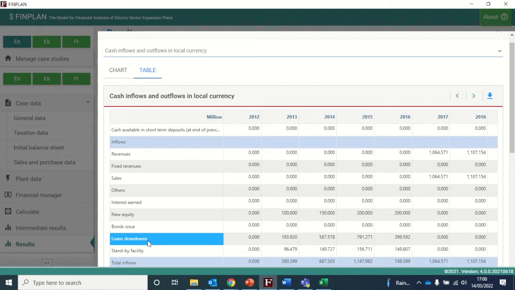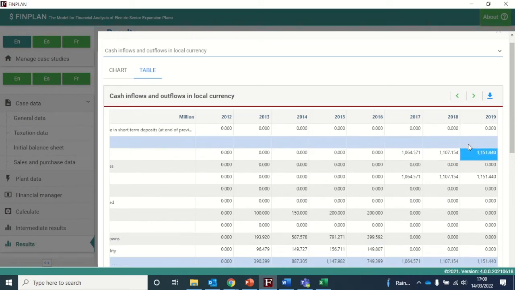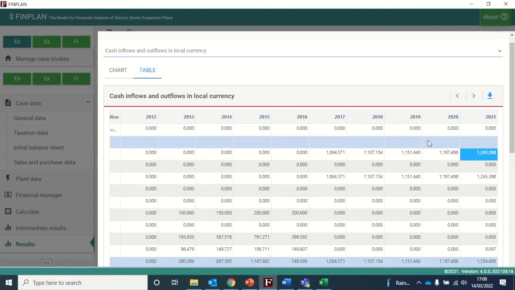There is a shortage of funds during the construction years, therefore the model withdraws from the standby facility, which you can see here, to meet the expenses. From 2017, we can see that the only cash inflows are the revenues. So from 2017 onwards, this is the only thing that comes in.